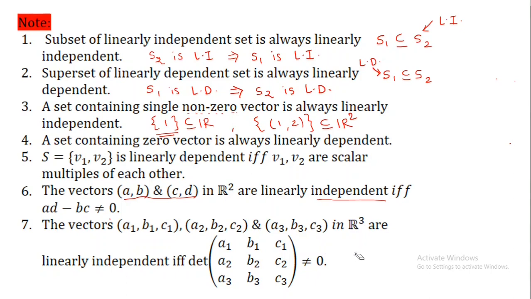Now the same logic can be extended to R4 as well, but in that case you will need 4 vectors of R4. If you have 4 vectors of R4, then by simplifying the determinant there, you can easily comment on the linear independence or dependence.